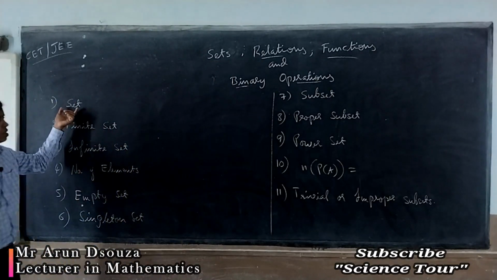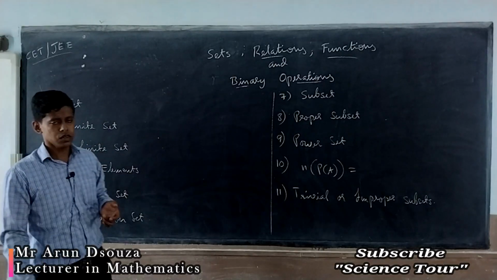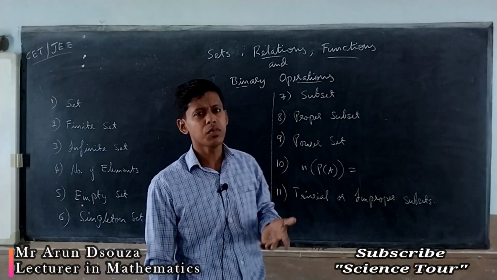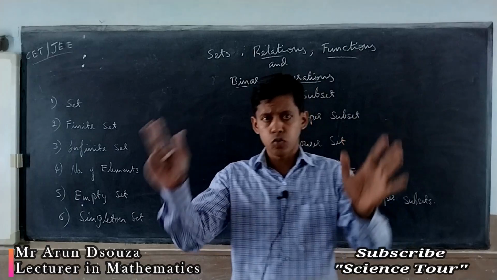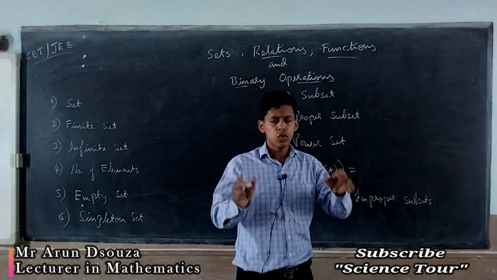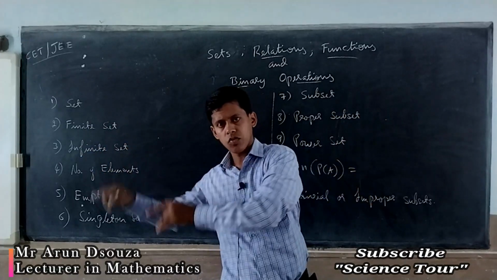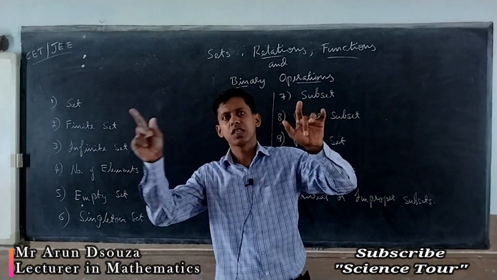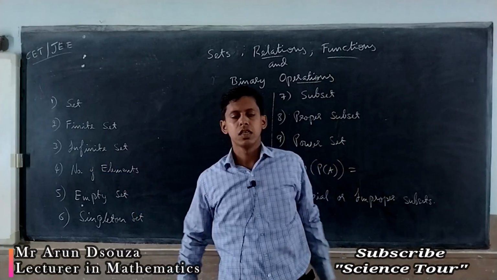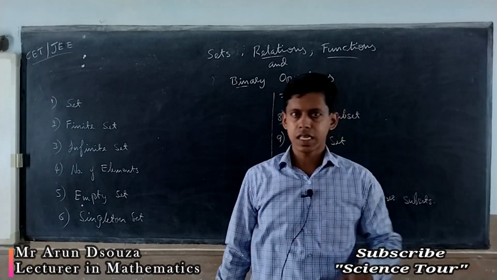Alright, the first question that arises when you listen to the word set: what do you mean by set? Is it a group of things? You have some students in the class, so you make a list of those students, write one after the other with commas inside a flower bracket. Is it a set?